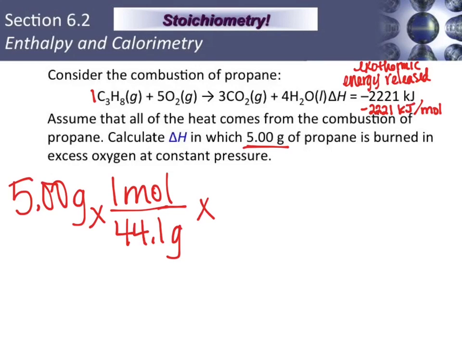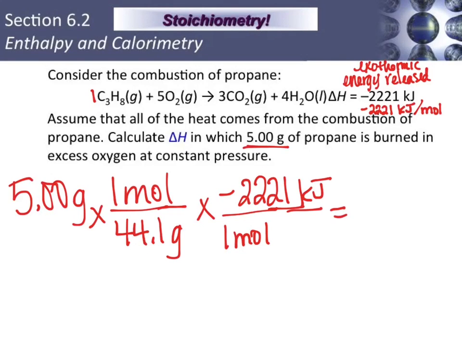For every 1 mole of propane, negative 2,221 kilojoules is released. So if we have 5 grams, how many kilojoules is that? 252 kilojoules.